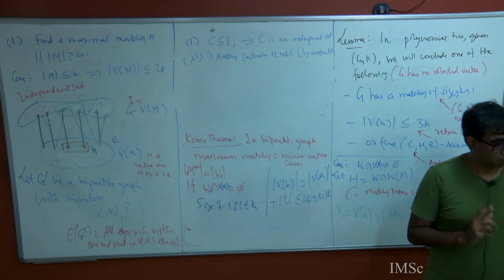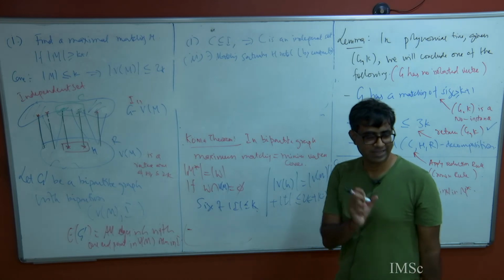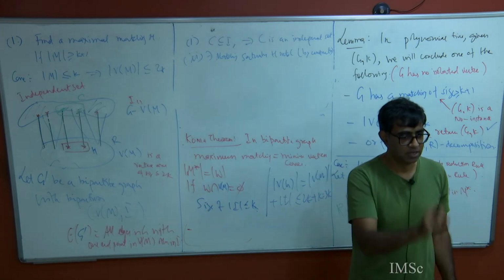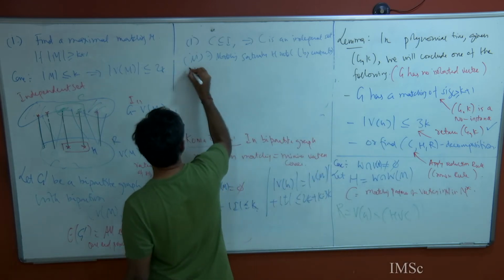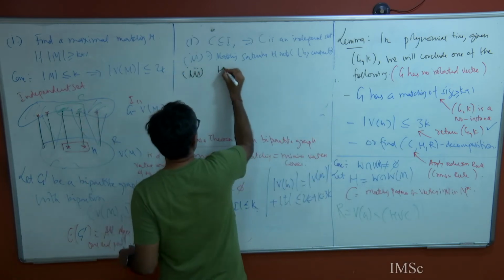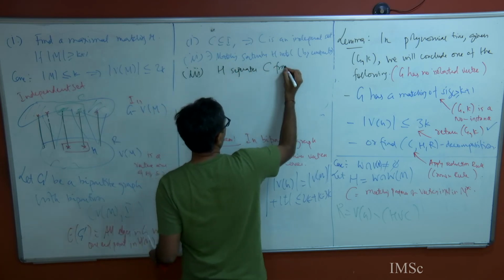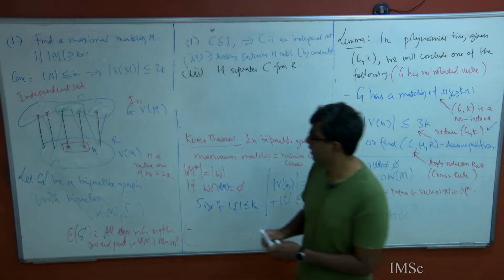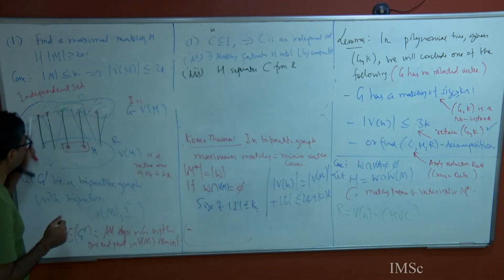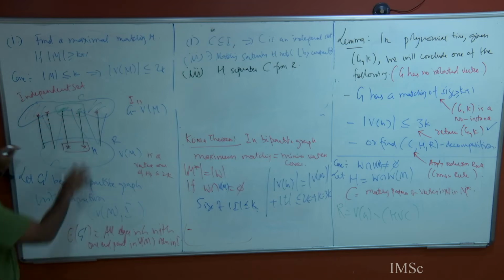What is not clear? Why there is no edge? We have to also prove that H separates C from R. Third and most important property is H separates C from R. Starting from C, where are the edges? All the edges adjacent to any vertex in C are in this bipartite graph.